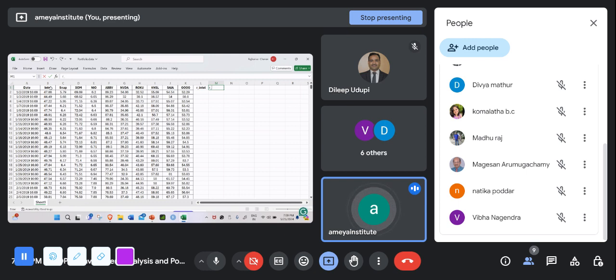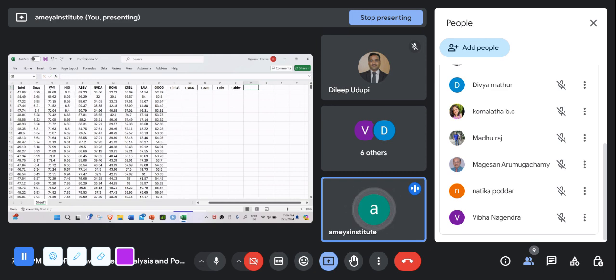Then R underscore Snap. Then R underscore XOM. R underscore NIO. Then R underscore ABBV. Please give the name. R means we are talking about returns here. Okay.